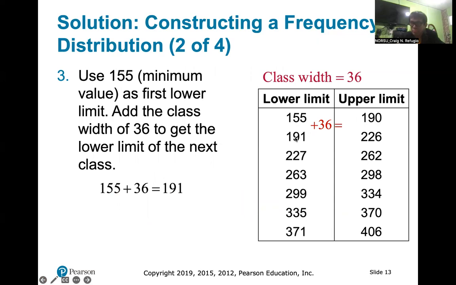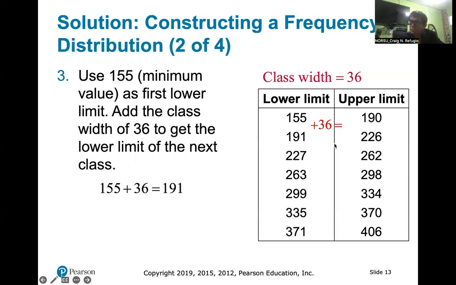But we know before 191, it's 190. So our first class is 155 to 190. We add 36 to this lower limit, so we add also 36 to this upper limit to have a balance between what we do in the lower limit and what we do in the upper limit. So plus 36, so 226.